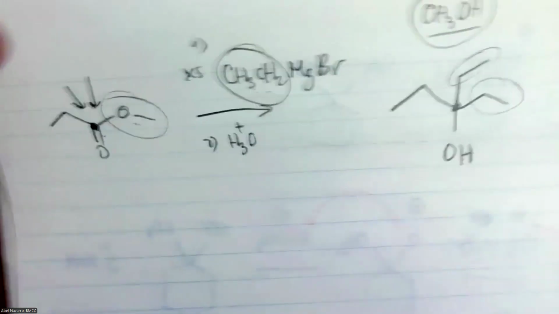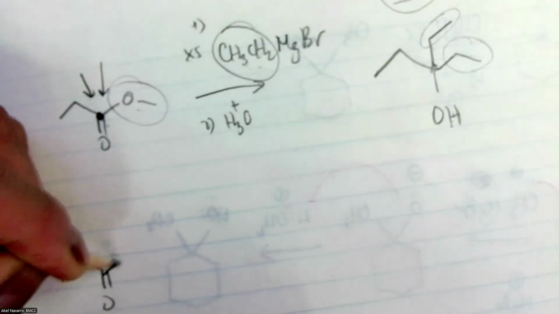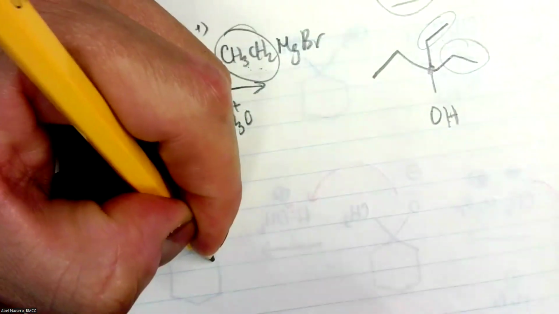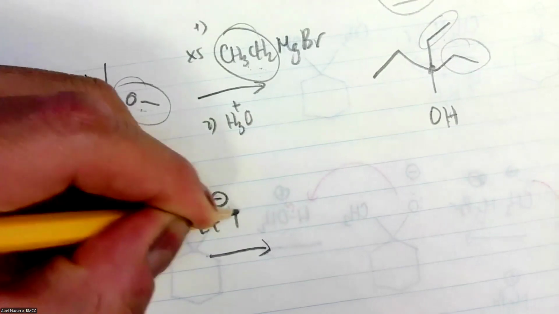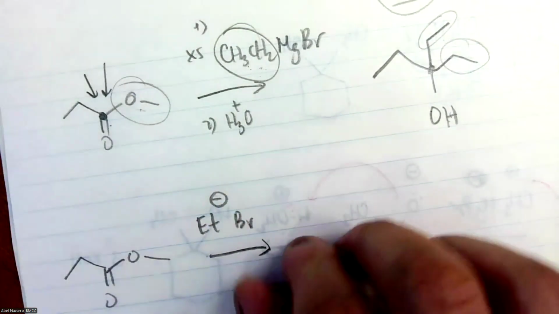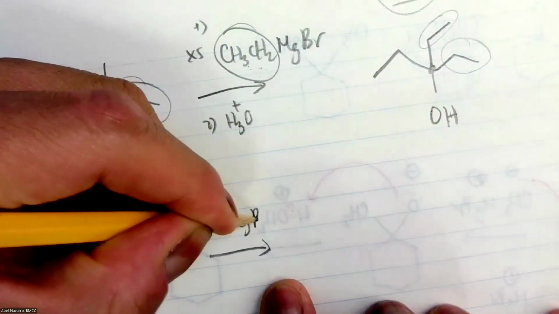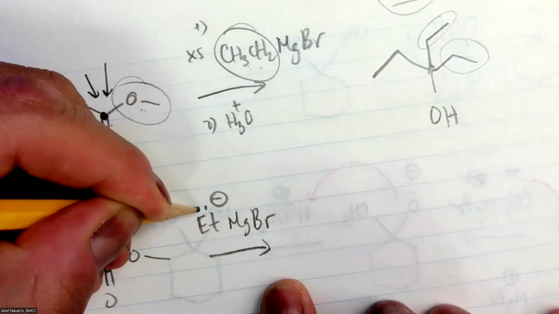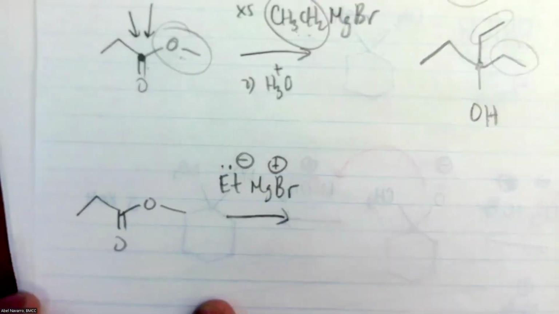Mechanism for this, yeah, we can do the mechanism. I have no problem doing the mechanism. The first one is the ethyl Grignard. I'm going to abbreviate it with ethyl Grignard like this. Okay, ethyl Grignard, the ethyl with the lone pair of electrons.